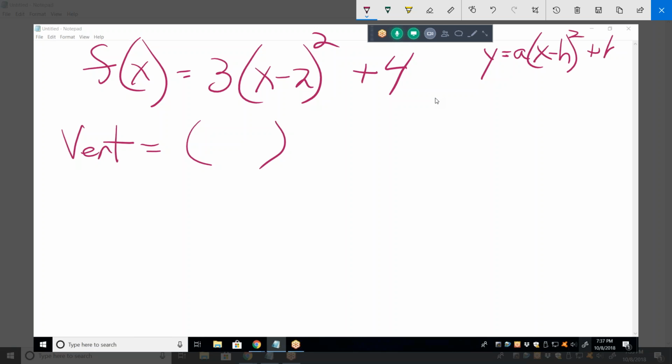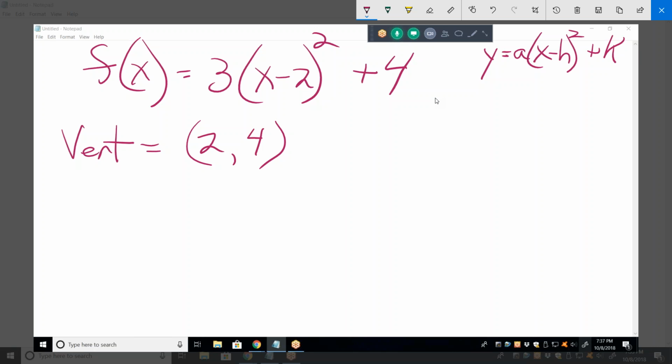That's the vertex format, and H and K are the vertex. So what is H? H is 2. Correct. What is K? K is 4.